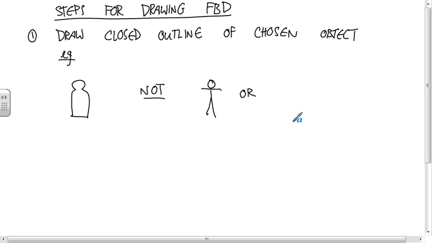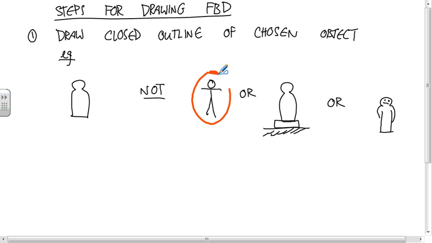Or another example would be this, okay? That's a closed outline, but you have other things going on besides the outline, and also not the full drawing, okay?